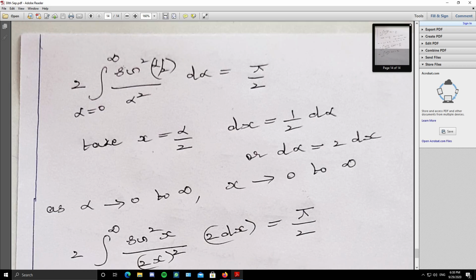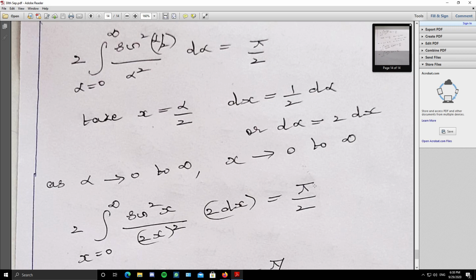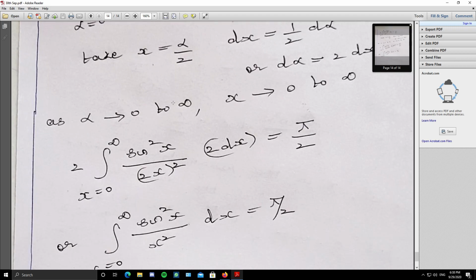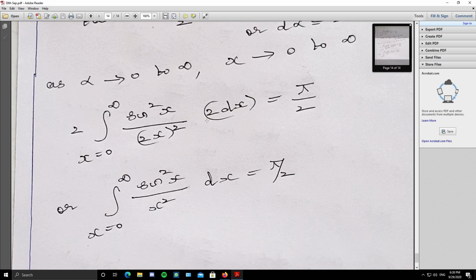So 2 times integral 0 to infinity sine square x by (2x) the whole square, d alpha is 2 dx, equals pi by 2. So this integral is rewritten in terms of x. So numerator you have 4, denominator you have 4. So integral x equals 0 to infinity sine square x by x square dx is pi by 2.